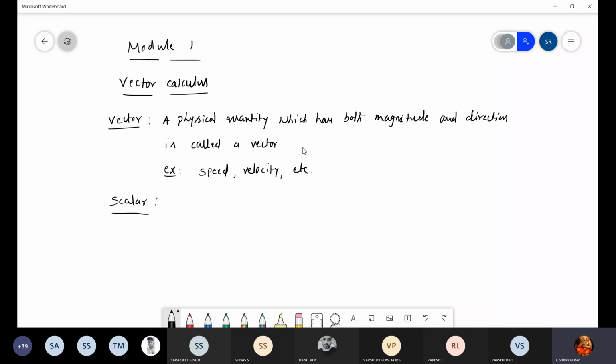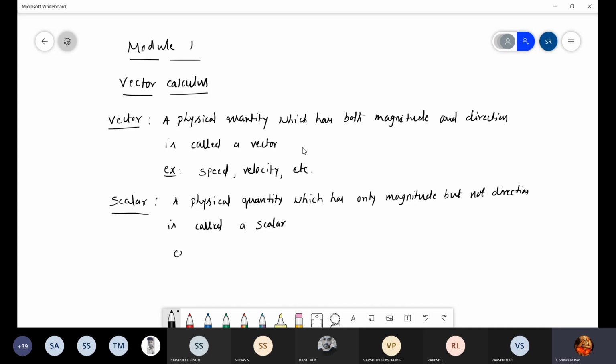A physical quantity which has only magnitude but not direction is called a scalar. Example: mass, length, etc.